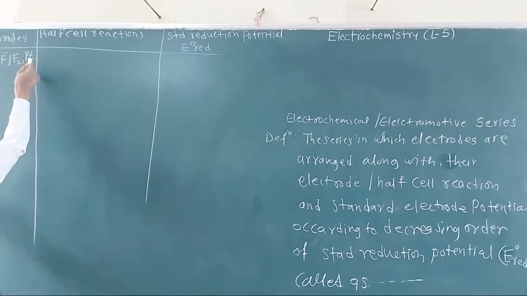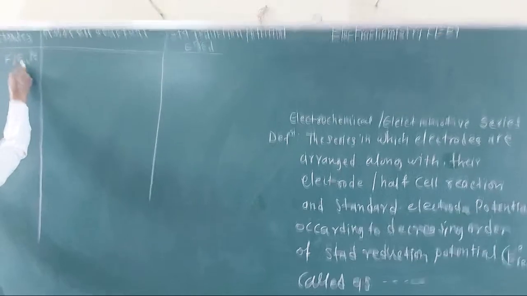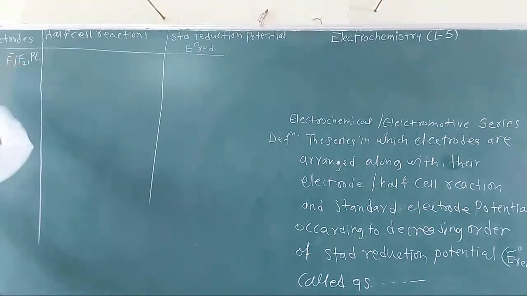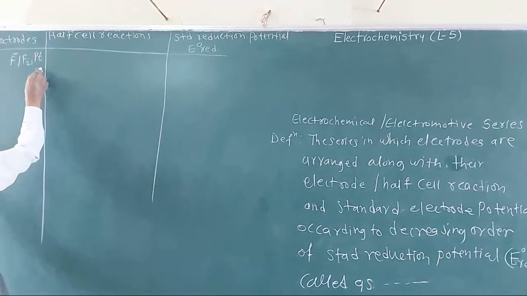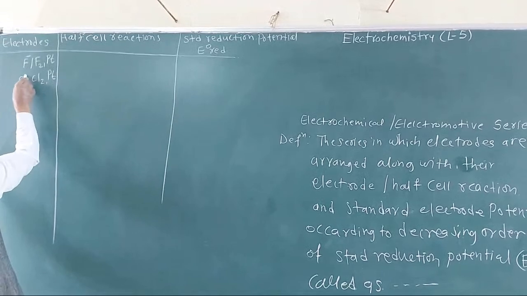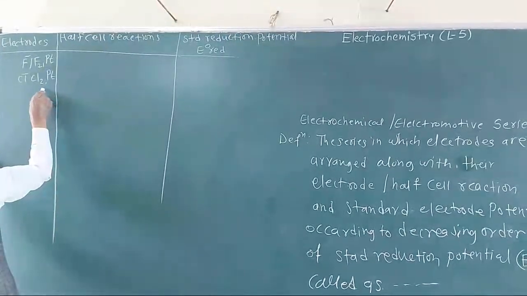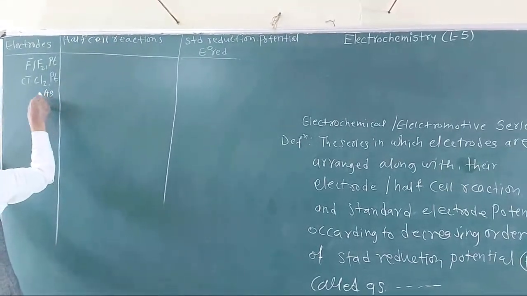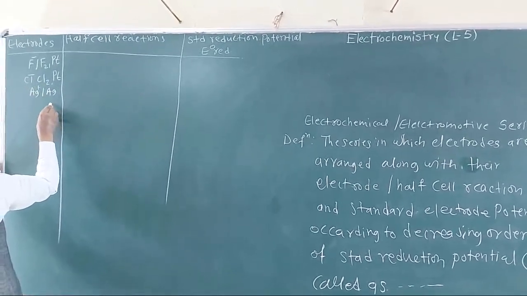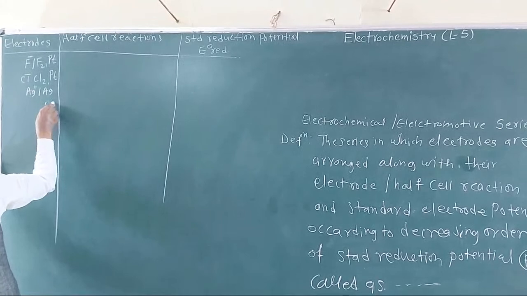The platinum is in contact with chlorine gas, and further it is in contact with the solution which contains chloride ions. Similarly, a chlorine electrode, or some silver electrode, or some copper electrode.